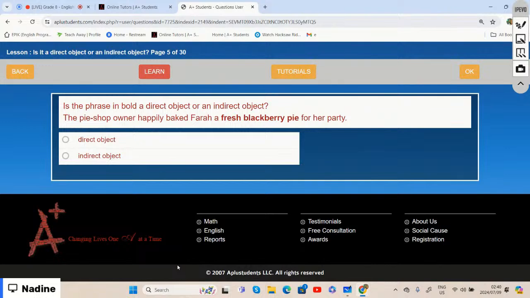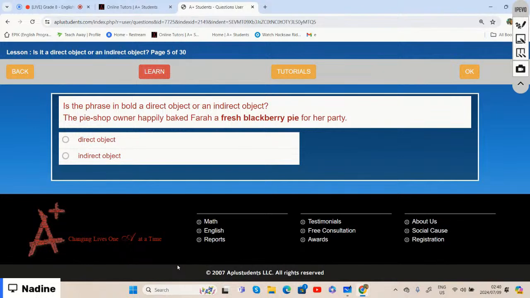And if we look at our sentence, it says the pie shop owner happily baked Farah a fresh blackberry pie for her party.